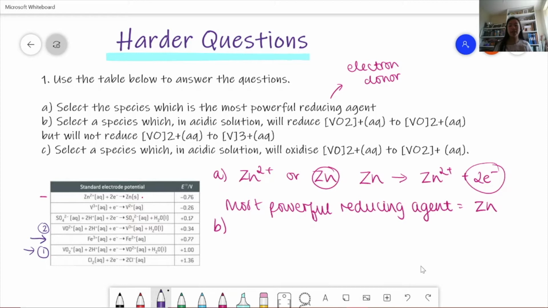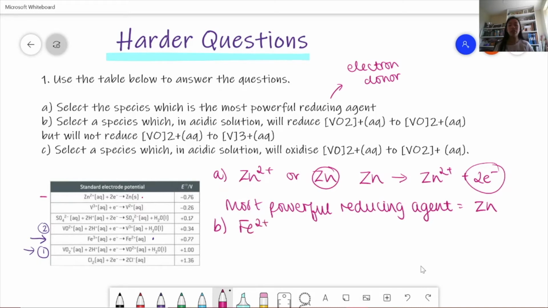So we must have this equation but reversed, because electrons need to be given to the VO2+ half cell from the Fe2+/Fe3+. So that means that Fe2+ is going to be forming Fe3+ and the electrons. And so the answer of the species that will reduce the VO2+ to VO2+, but will not reduce VO2+ to V3+, is Fe2+.